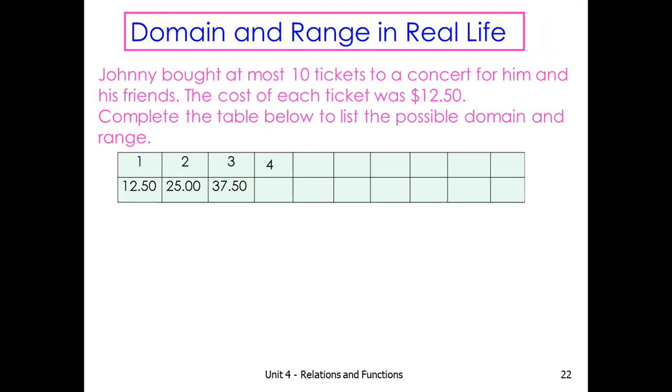For your fourth, how are we going to get the values for the fifth, sixth, seventh, eighth, 9, and 10? So for the 4, we get 50, 62.50, 75, 87.50, 100, 112.50, and 125, respectively.